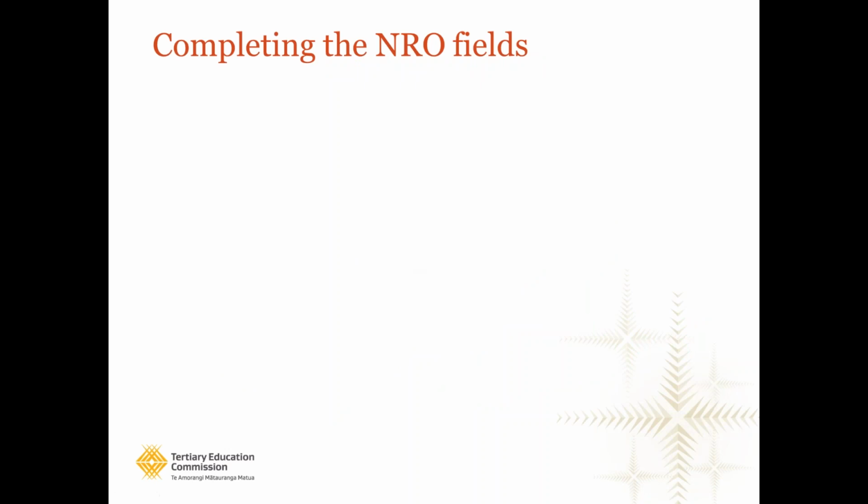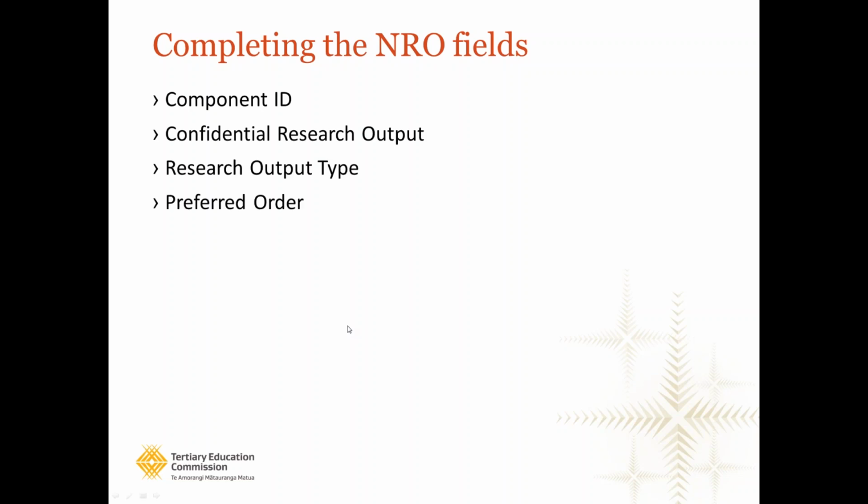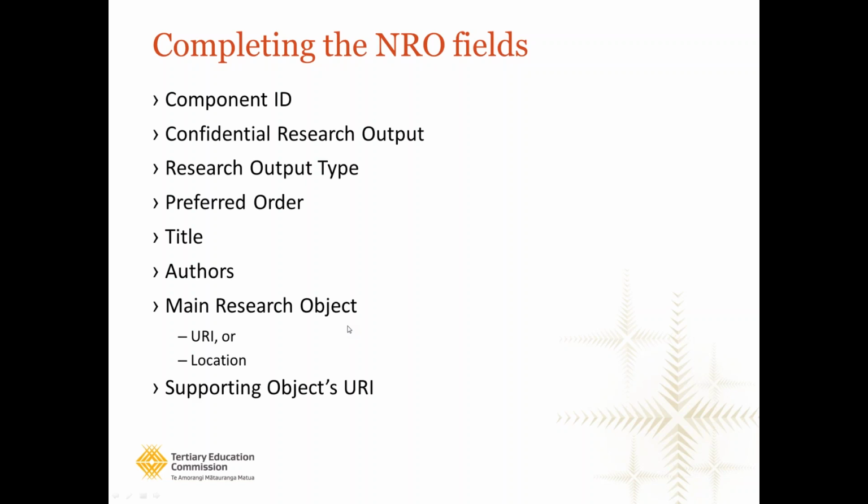All right, moving on to completing the NRO fields. Who's going to talk about that? I'm happy to talk about that. Okay, well I'll flick them through. One of the things to remember here is that some of the information will be done by your organisation, and other bits will be quite key for you to actually input.